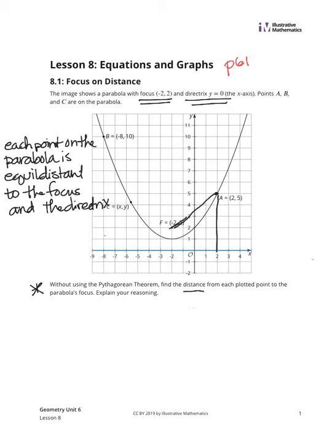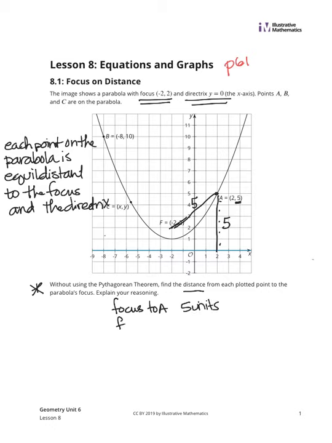I can find the distance from A to the directrix really easily, 1, 2, 3, 4, 5 units. I'm looking at the y value since it was the x-axis, y equals 0. So this is 5 units in length. So I know the distance between 2, 5 and this -2, 2 is also going to be 5 units. If A is on my parabola, it's equidistant to the focus and the directrix. So the distance from the focus to A would be 5 units.